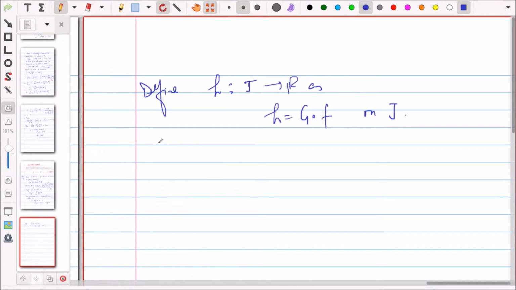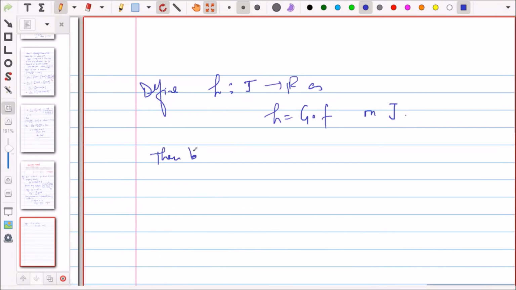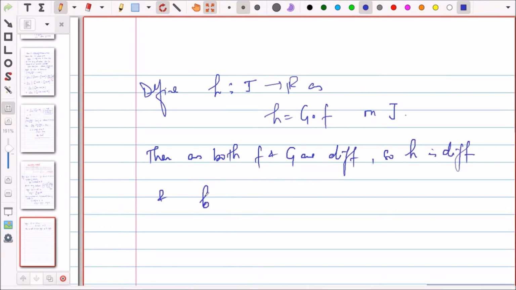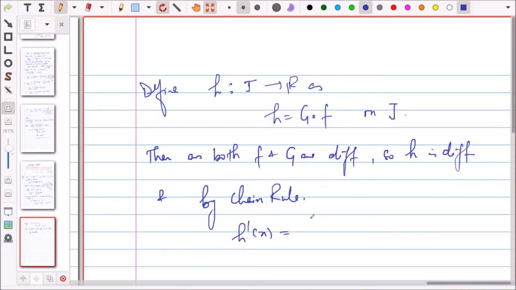Now what will be h dash x? Then as both f and G are differentiable, so h is differentiable, and by chain rule h dash x will be equal to, क्या हो जाएगा?